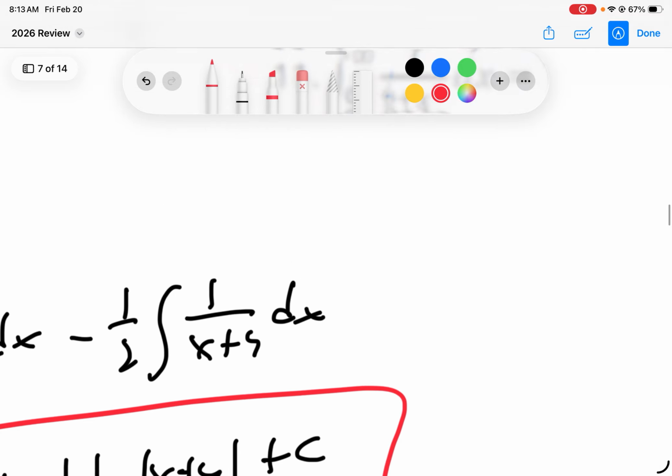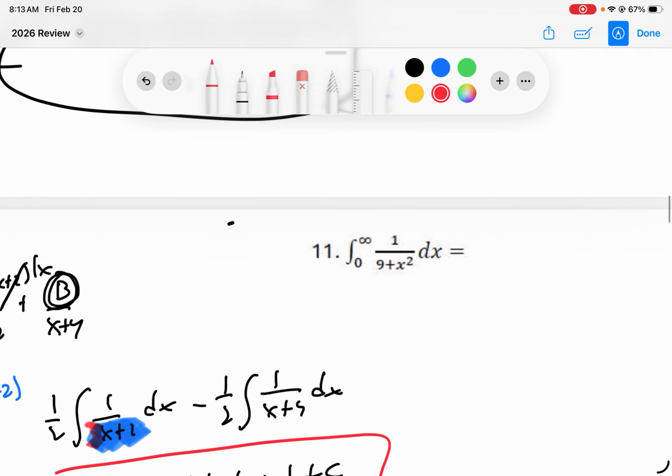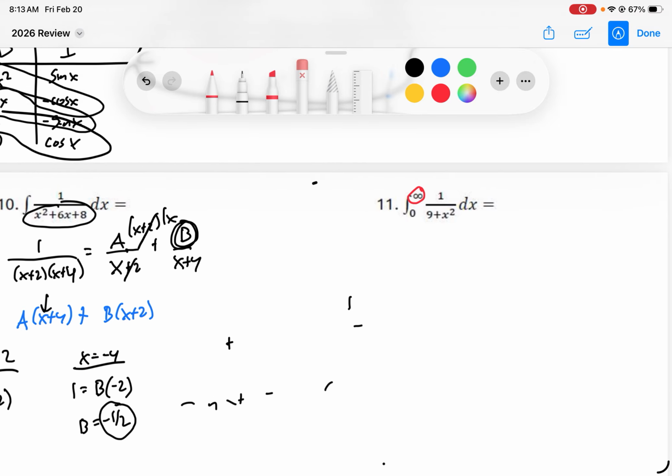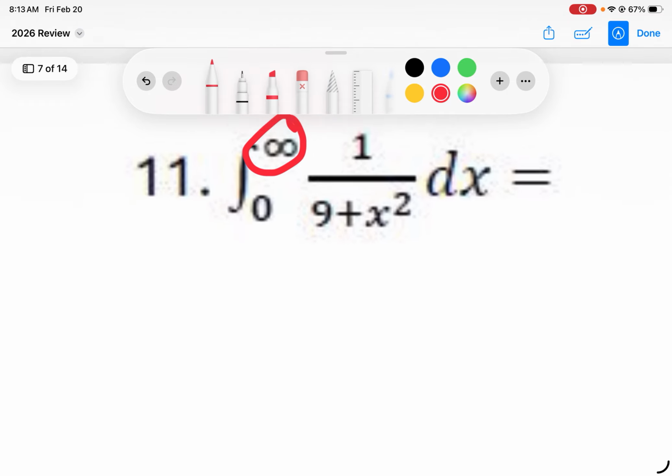All right, number 11 looks like an improper integral. This one's pretty obvious because the limit of integration is infinity, so it's an unbounded region. It goes on forever. There's no stopping point, but it still could converge.